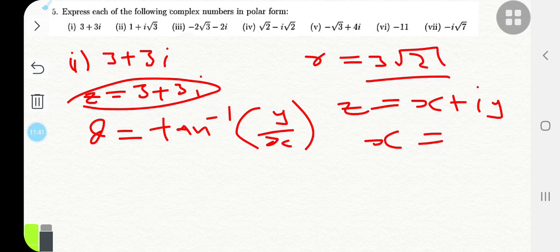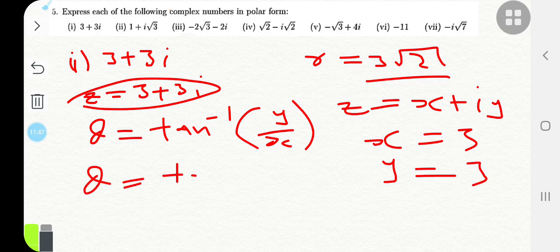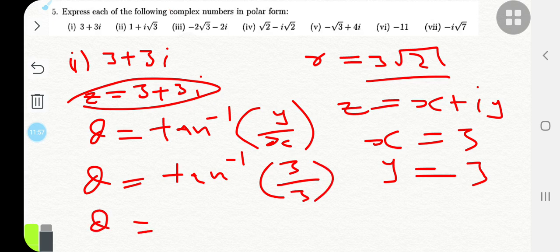So my x is equal to 3, and my y is also equal to 3. So the tan inverse of y over x, where y is 3 and x is 3. I'm saying theta, or my argument, will just be equal to the tan inverse of 1. So our argument is equal to the tan inverse of 1.